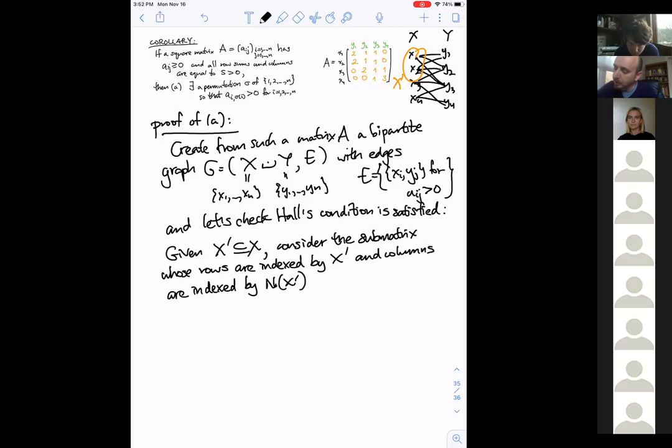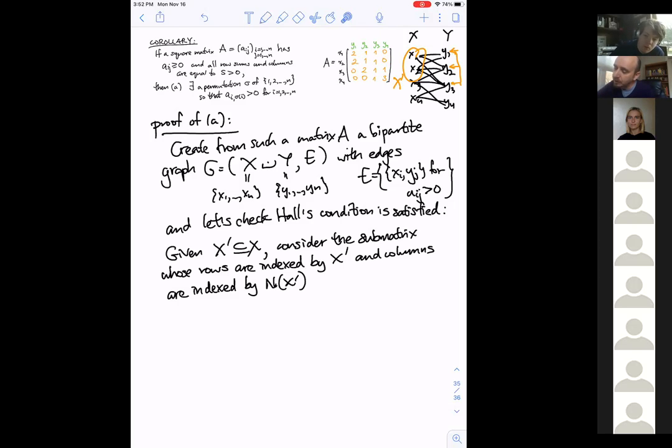Maybe I should actually, in our example, just see what this submatrix looks like. Who's in N of X prime? That thing is, this thing is, this thing is. Yeah, I think that's my N of X prime. So it actually is a rectangular matrix in this case.